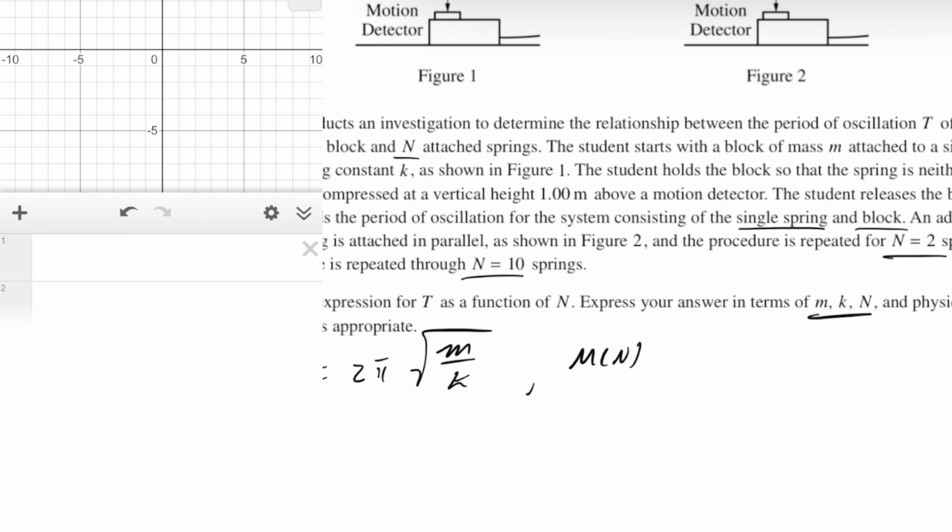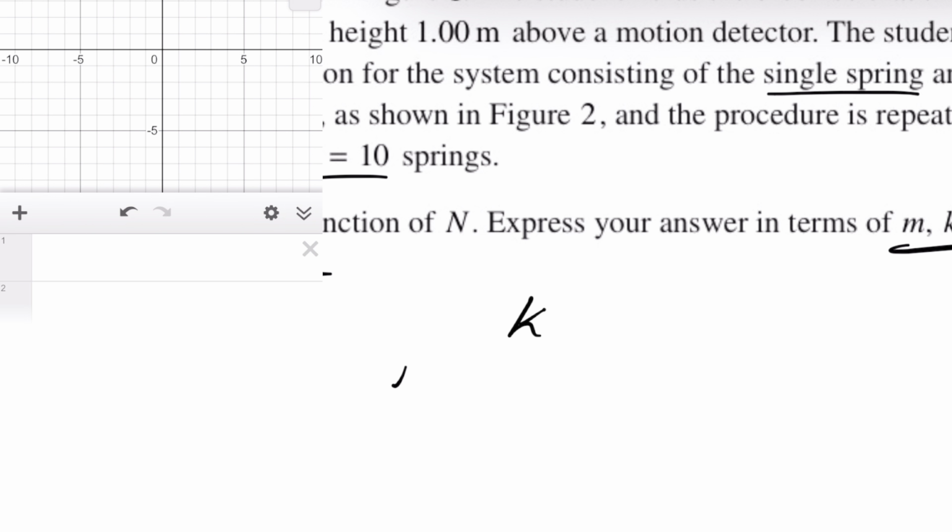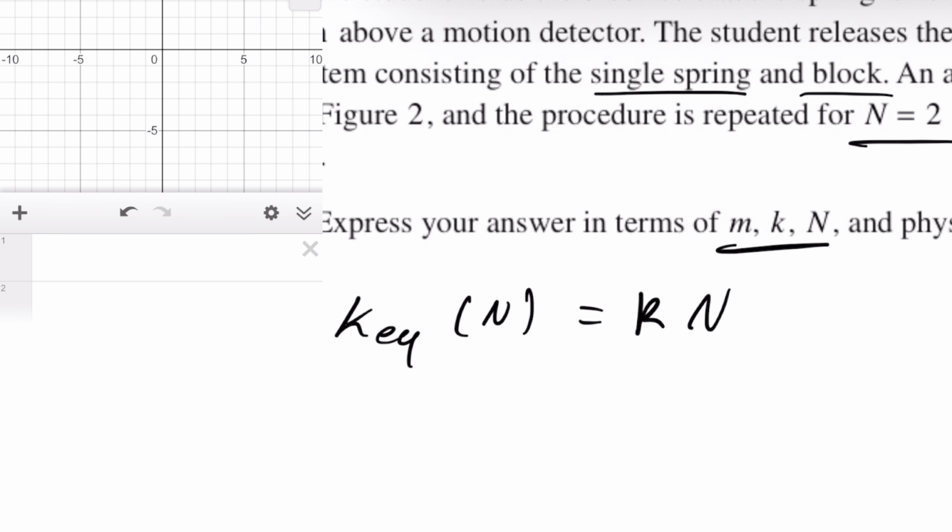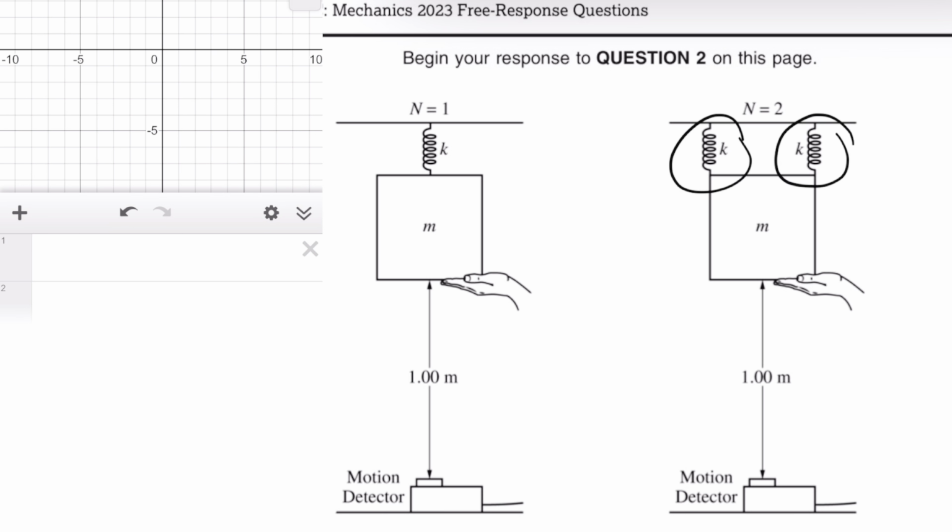So the mass is actually not changing. The spring constant is what's changing. So the K equivalent, the equivalent spring constant as a function of n, is k times n. Because springs connected in parallel have their equivalent spring constants add.